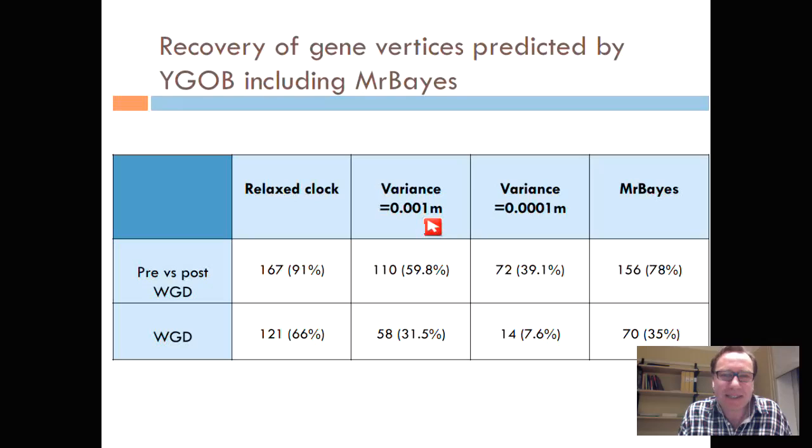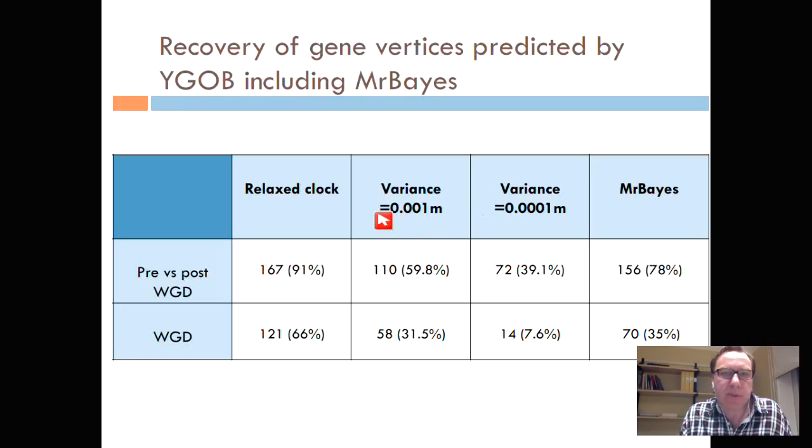But as I hinted before, if we hadn't had a relaxed clock, we would have done much worse. And we can get a version of our program which has a less relaxed clock by having a very small variance for the distribution that we use to perturb the edge times, so the distribution that gives us the rates.